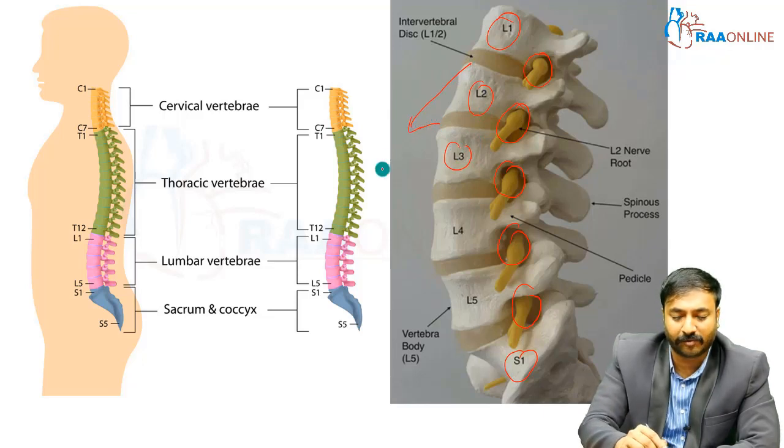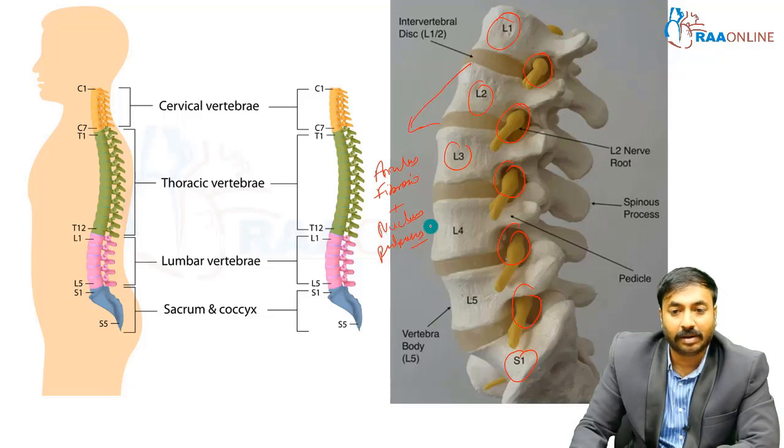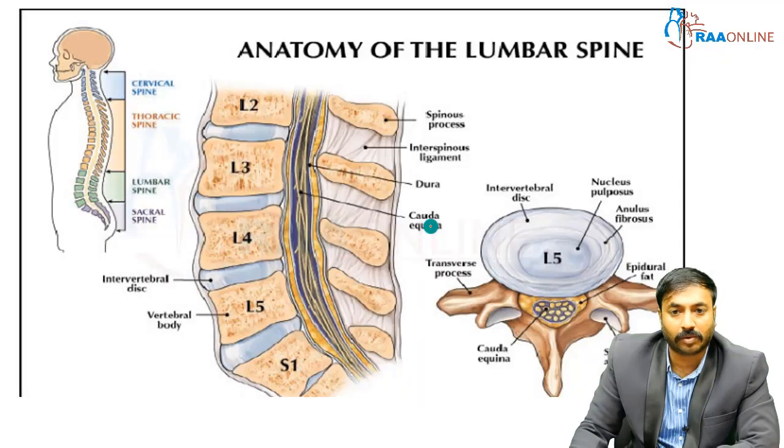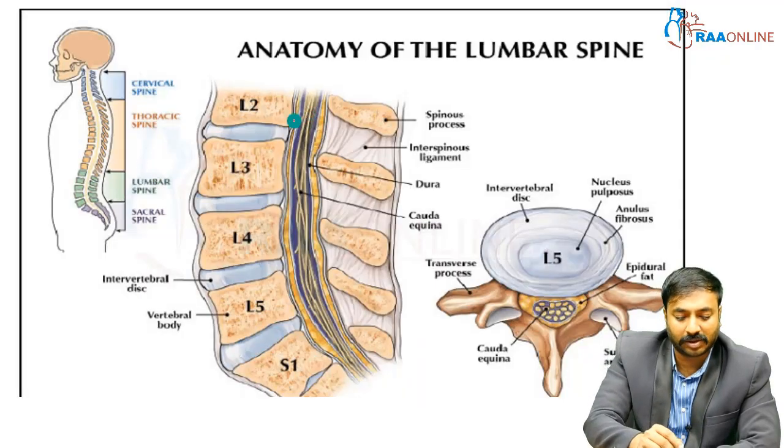Now you know from my previous class, the disc contains 2 components. One is annulus fibrosus, which is the covering, and inside it contains nucleus pulposus. Nucleus pulposus is the one which has more than 85% water content when you are born, and then it slowly degenerates over time as you age. The spinal cord usually ends at L2.